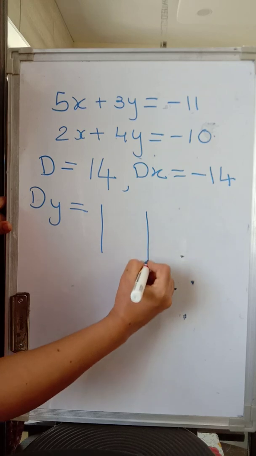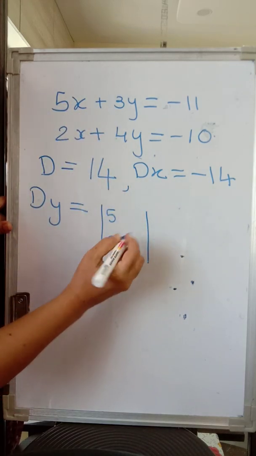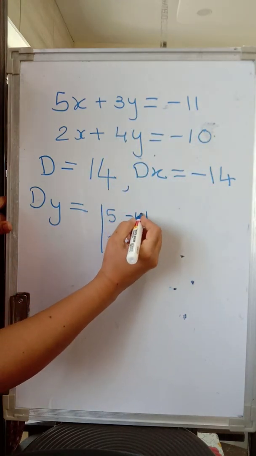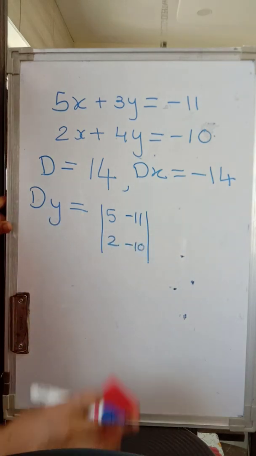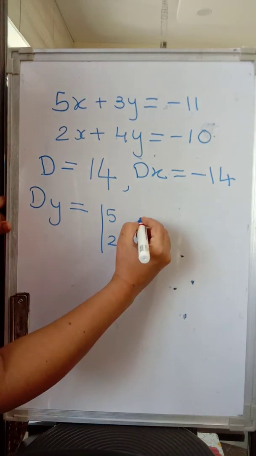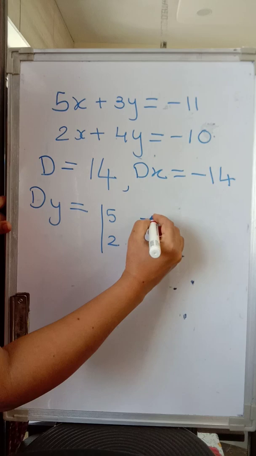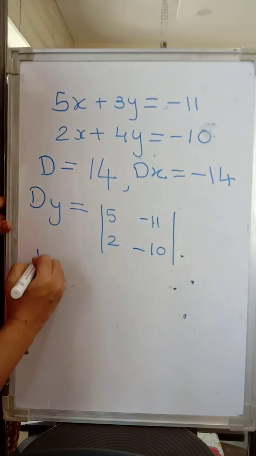We write the x coefficients as they are, 5 and 2, and in place of the y coefficients, we write minus 11 and minus 10. Let me write this a little far apart. So we have minus 11 and minus 10. This is the determinant.